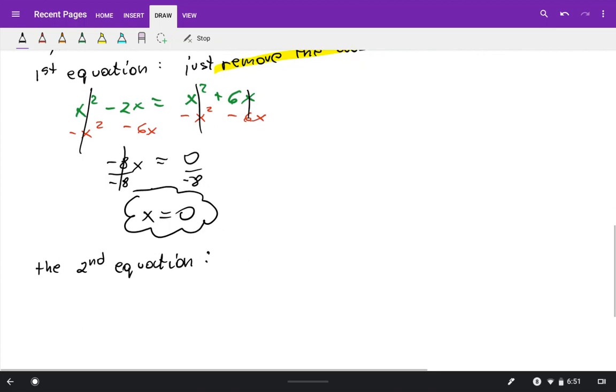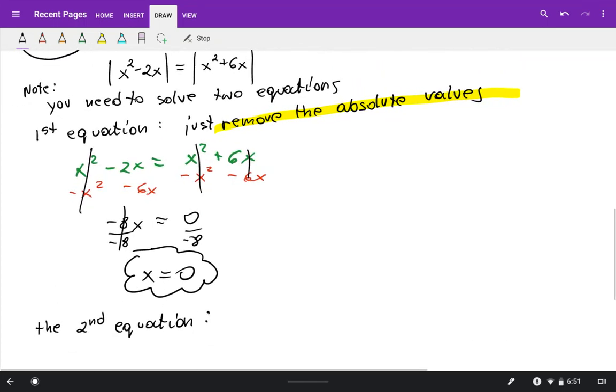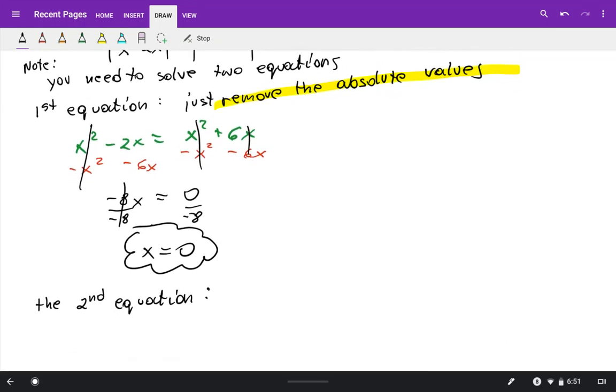So this is what you're going to do. Remove also absolute values.